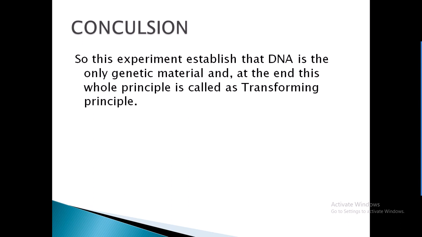Lastly, Griffith concluded that the R strain bacteria must have taken up what he called a transforming principle from the heat-killed S bacteria, which allowed them to transform into smooth-coated bacteria and become virulent. Now it is proved that DNA is the genetic material, and this whole principle is called the transforming principle.